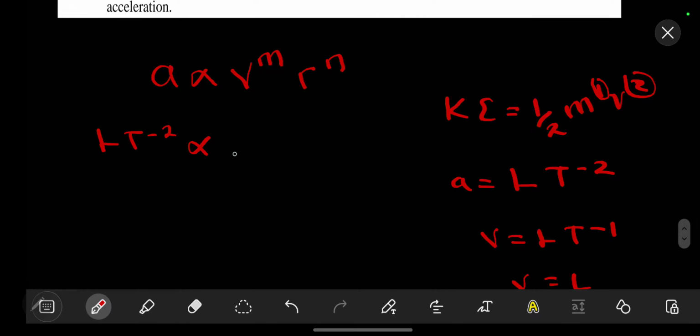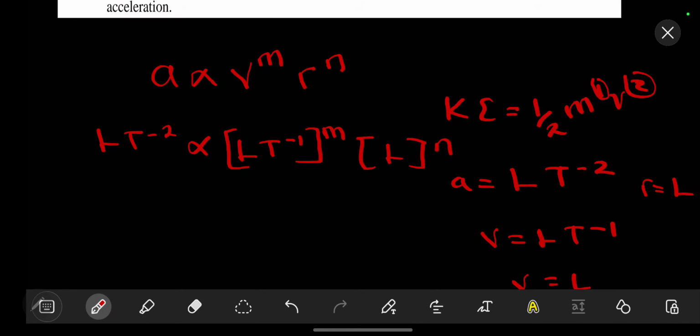So we can say L t to the power negative 1, then we have our m, like that. Then we are going to have our radius. Our radius is just distance. So since it is distance, it shall be assigned the dimension length, which is L. So we have L like that. Then it is raised to the power n.